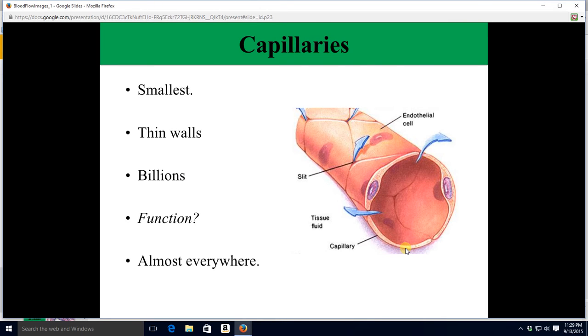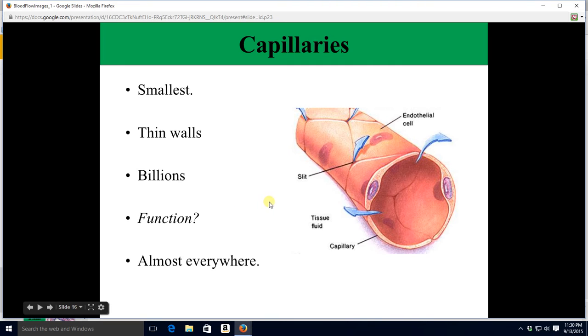All right, onward to the capillaries, the smallest yet most numerous of the blood vessels. They are the smallest and, not surprisingly, along with that, they have thin walls. This is the wall. It is just simple squamous epithelium, just an endothelium. That is it.